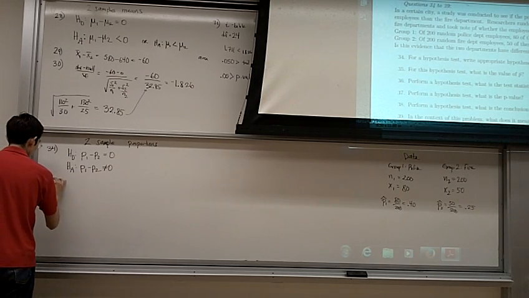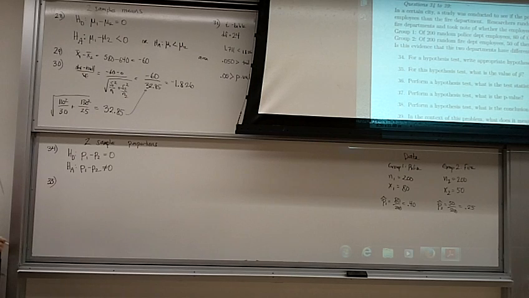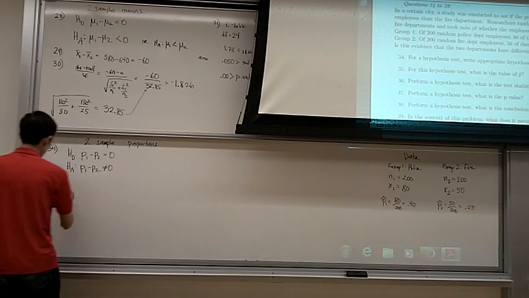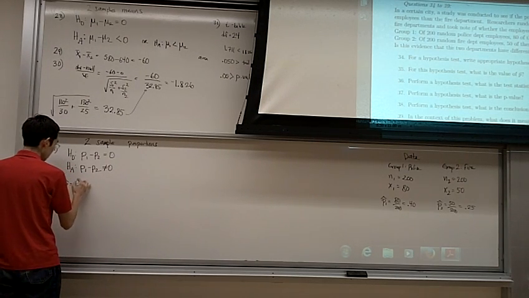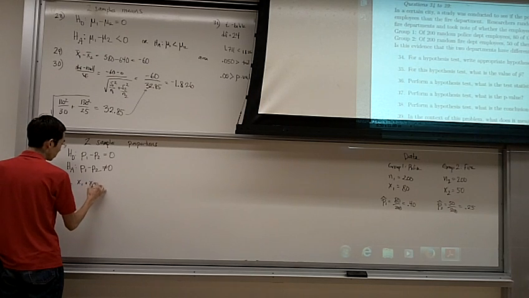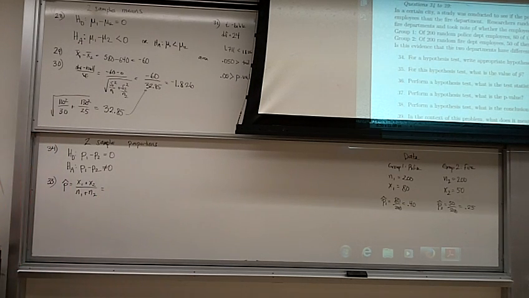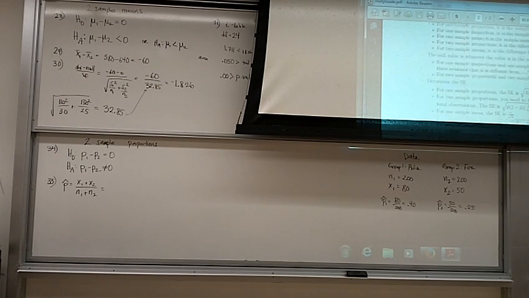Number 35 says, what is P hat? So the overall P hat is going to be X1 plus X2 over the quantity n1 plus n2. Again, all of this is detailed in the study guide.